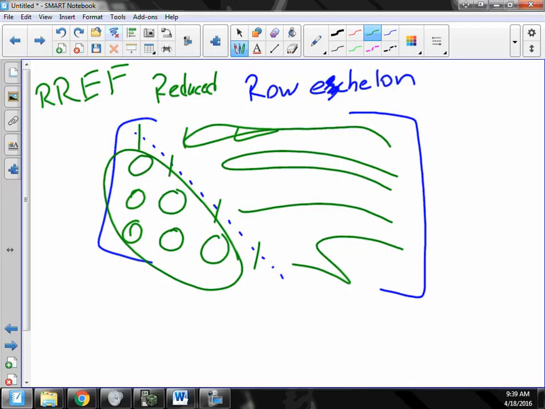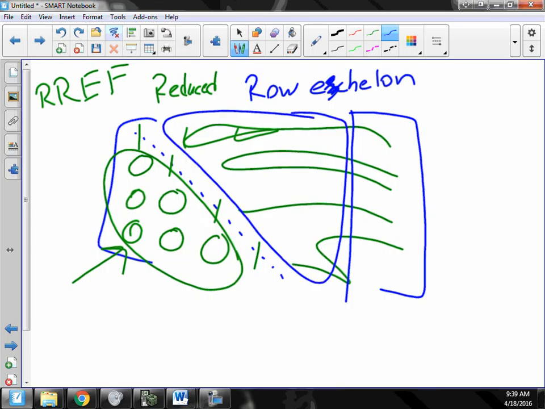So if I said 10/16, we could turn that into any number of infinite answers, but reduced row echelon form, RREF, not only puts zeros in front, right here, that's what row echelon form does, but reduced row echelon form puts zeros here. And when you put zeros in both places, then you create a unique matrix, which is actually the solution to a system of equations. So row echelon form is not actually very useful.